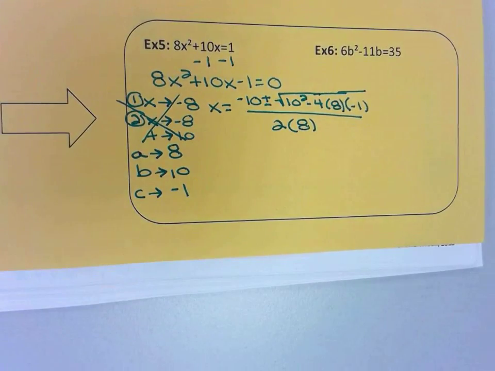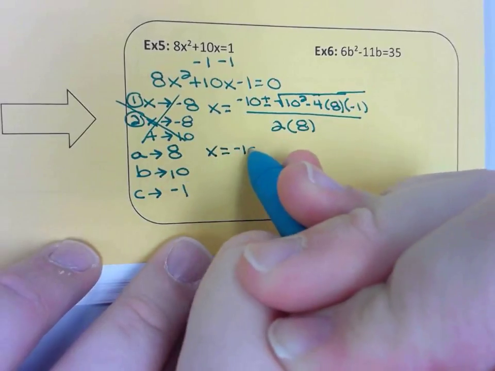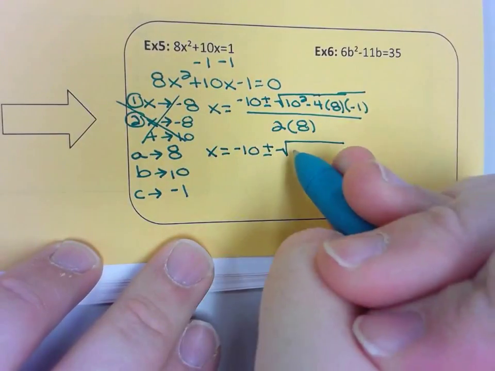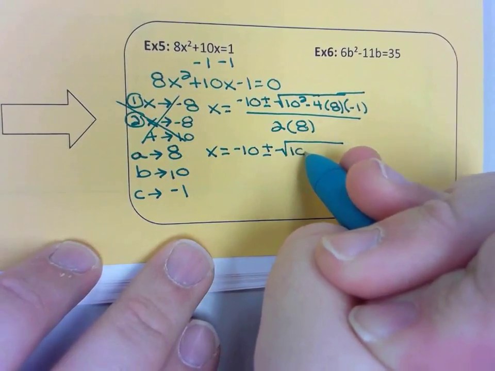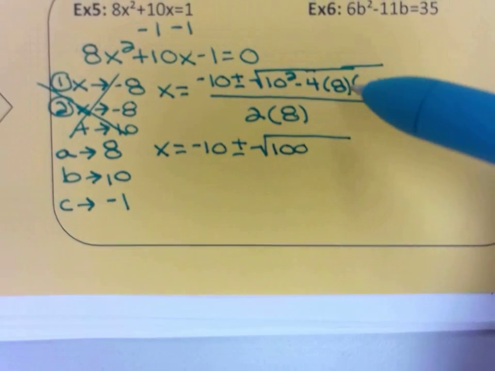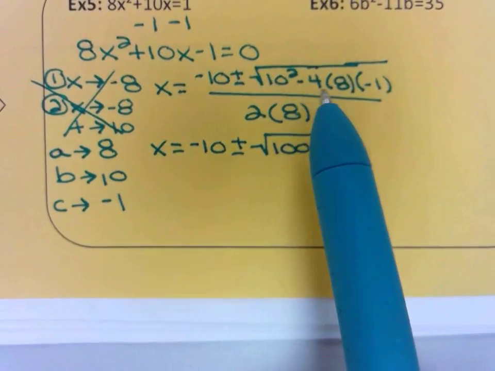Any questions on plugging it in? Okay, start with the top left. I have a negative 10 plus or minus 10 squared, 100. Now, this is where I see a lot of people get caught up, because you lose that negative. This is a negative 4. We are multiplying three numbers.